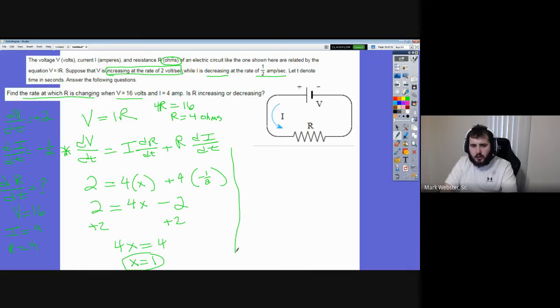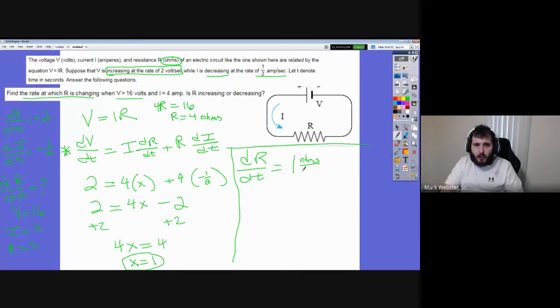And what was x again? Well, let's make sure that we are communicating correctly. x was the rate at which r is changing. That is to say, dr/dt, that's 1. Our units, well, r's units are ohms, so the rate is going to be ohms per time, right?